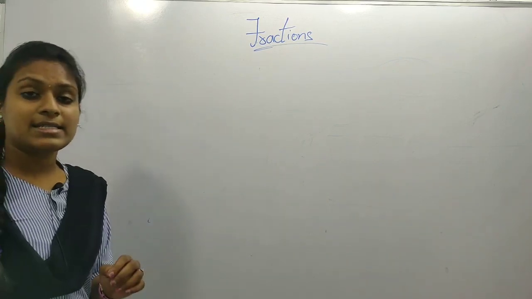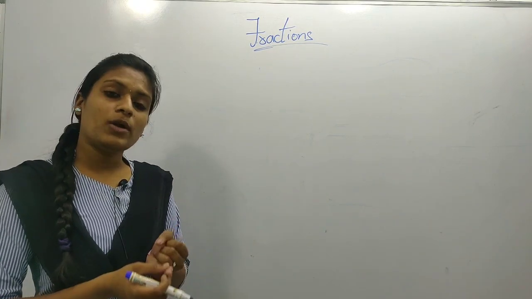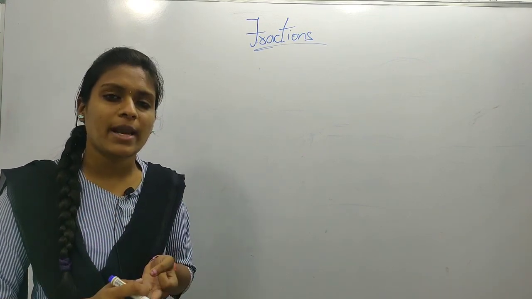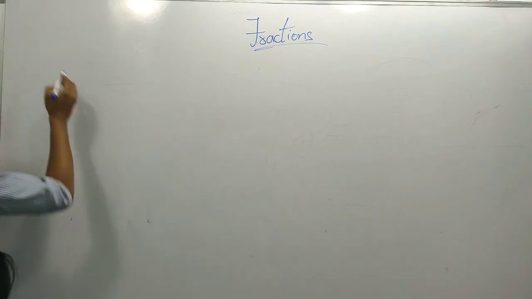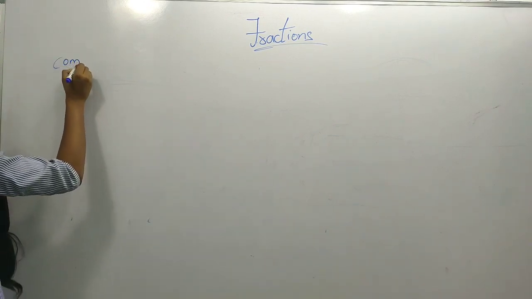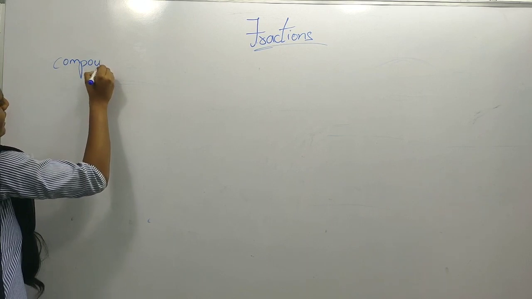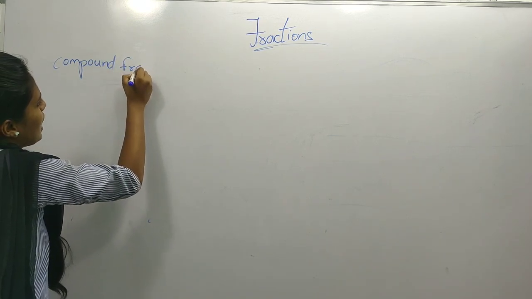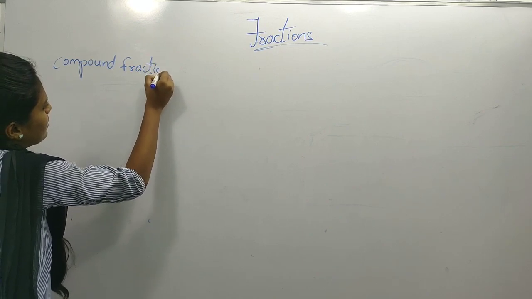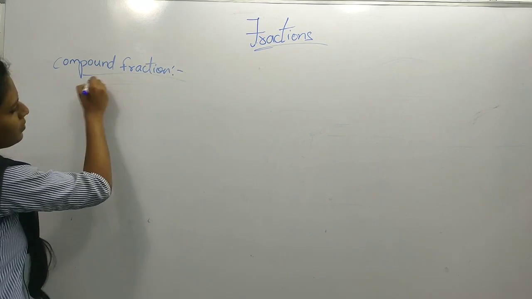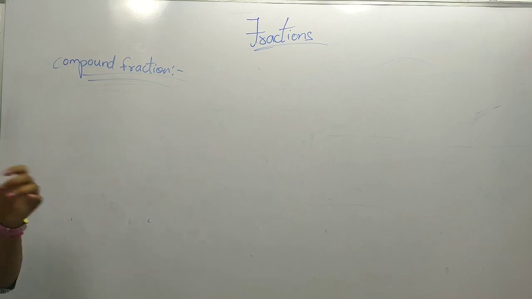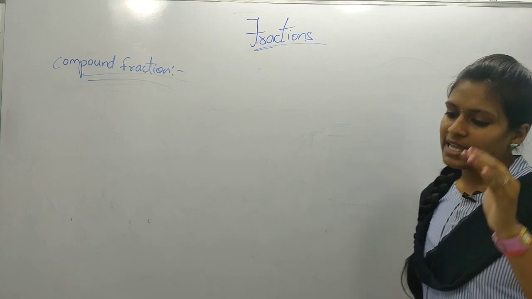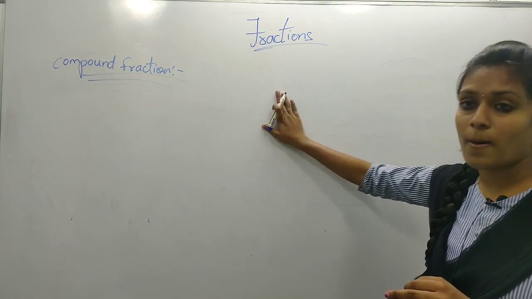Now, we have learnt about the types of fractions, proper and improper. Now we are going to learn about compound fraction. What is a compound fraction? A compound fraction is a fraction in which both the numerator and the denominator are fractions.